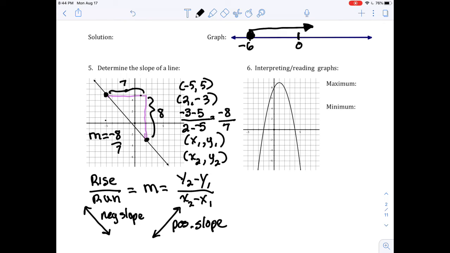Number 6, interpreting graphs. So again, I want you to think about what I just said about reading graphs from left to right, right? And there should actually be arrows at the bottom of this graph. So if we were to read this graph from left to right, we see that the graph starts way down here in the third quadrant, right?